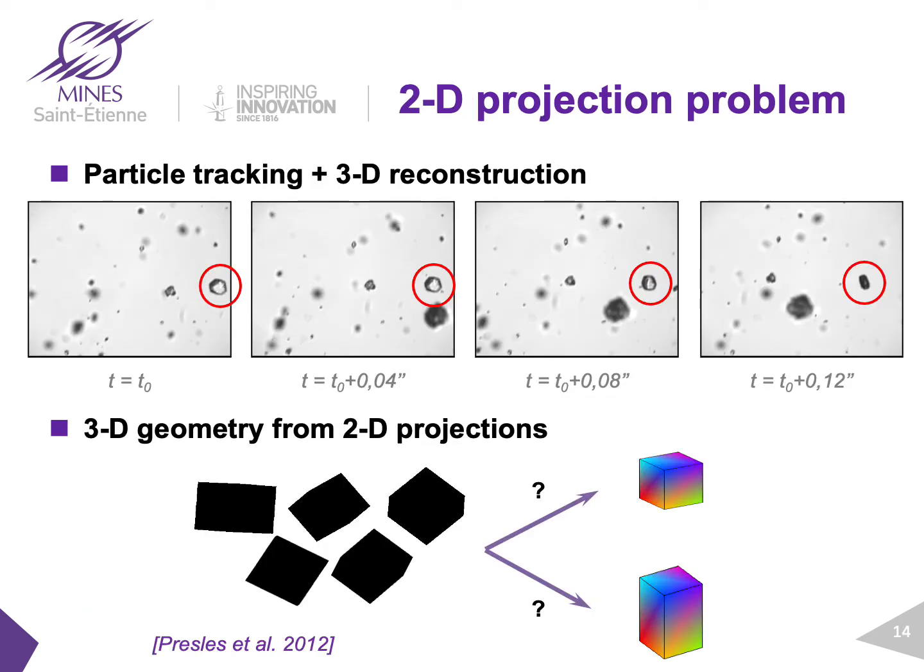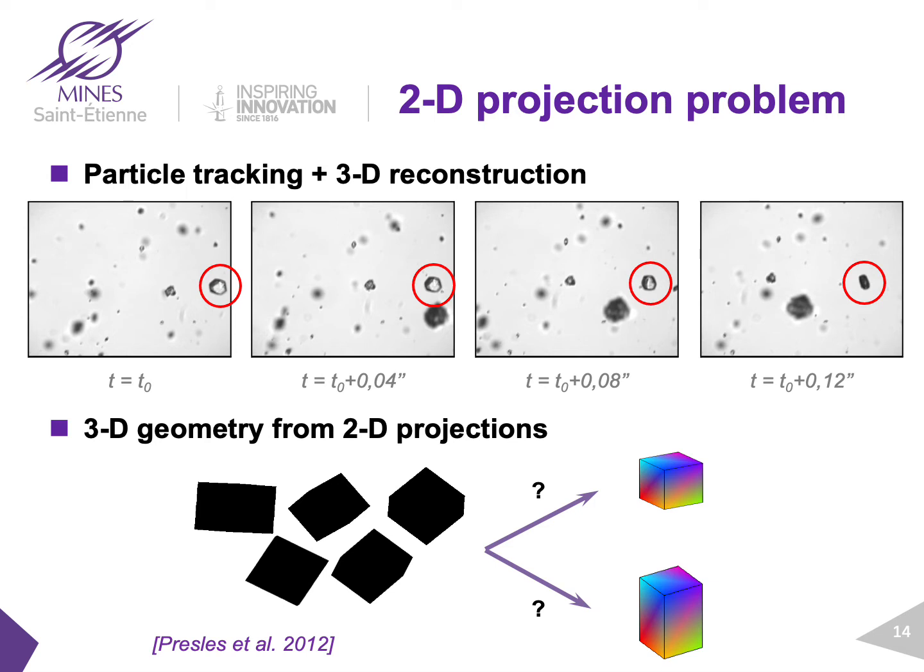So on this one, we are, as I told you, interested in the 2D projection problem. For example, on this image, you have 4 consecutive images in the image sequence, and you can see what is highlighted in red here.